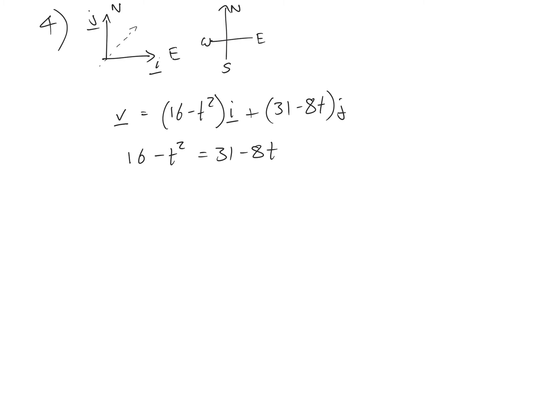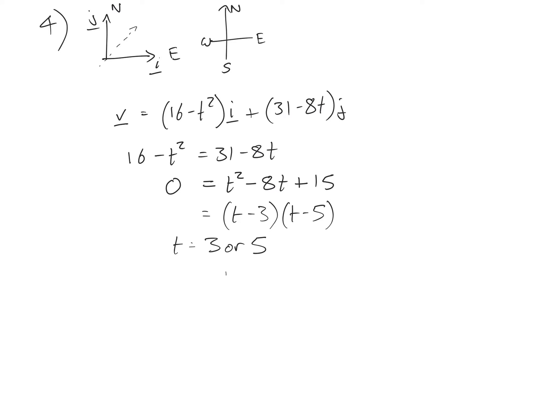So we've got no i's and j's in this because we've set the i component equal to the j component. Let's take it over to the side where t squared is going to be positive. We get t squared minus 8t plus 15. Then we've got (t minus 3)(t minus 5), so t equals 3 or 5.